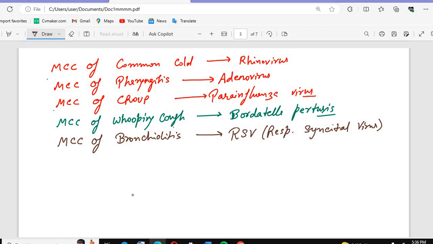Okay, what is the common cause of acute epiglottitis? Streptococcus pneumoniae, Haemophilus influenzae B. Okay, so see, there is some confusion here in the case of acute epiglottitis.